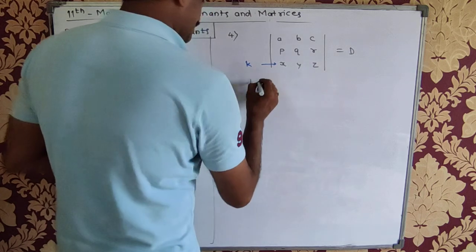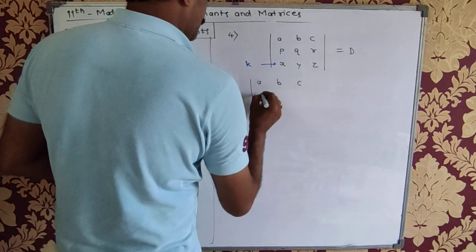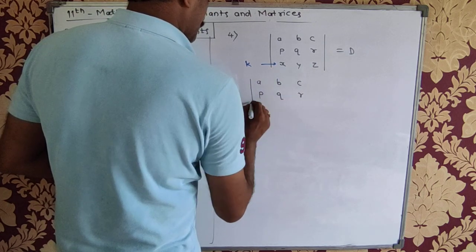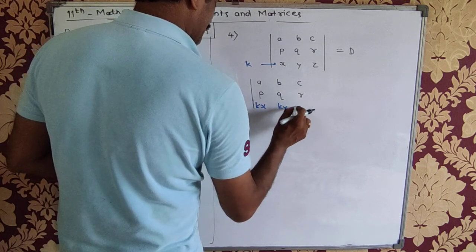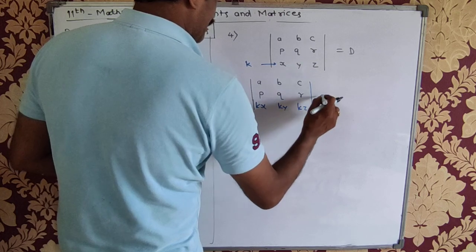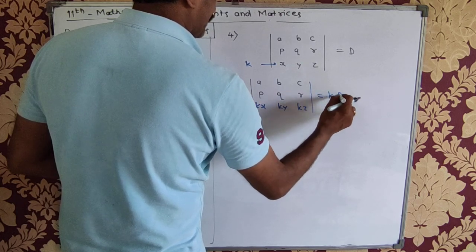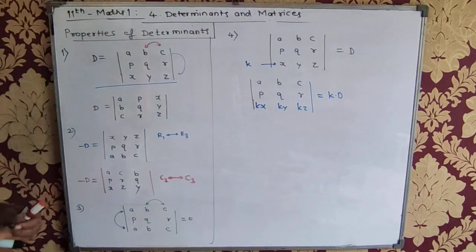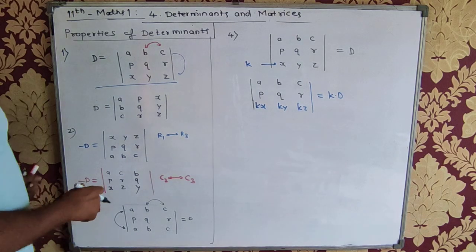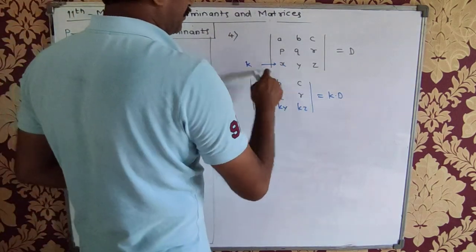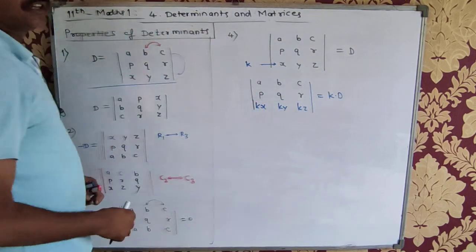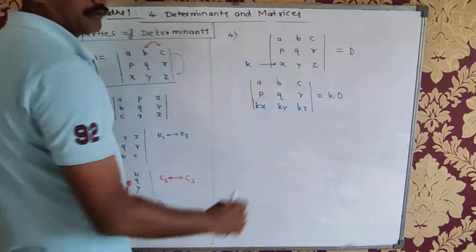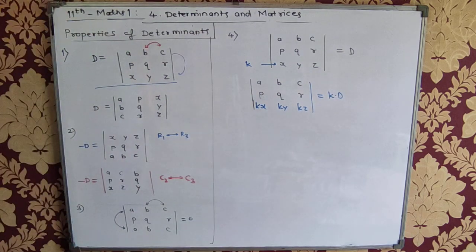Say this will become A B C, P Q R, and KX, KY, KZ. The value of the determinant will be K times D. If any row or any column is multiplied by any constant, the value of determinant becomes that constant times the original value. Is this okay?